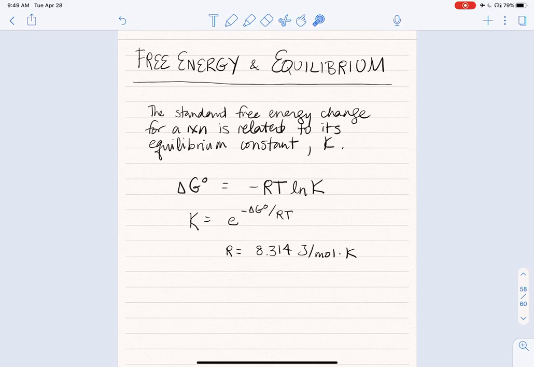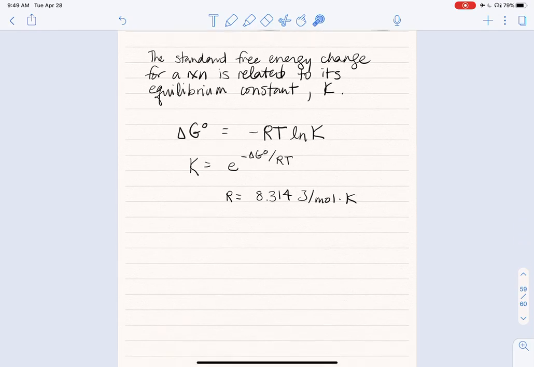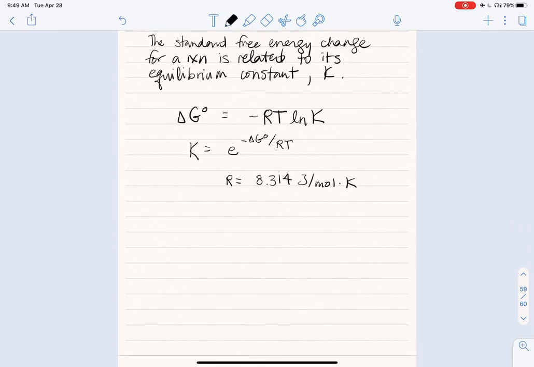And looking at how they're related, it should be pretty apparent that if you have a nice big K, because of this negative sign, you're going to have a negative delta G. So remember back in the equilibrium chapters, we talked about how a large K, a lot greater than 1 rather, K is never negative, right?